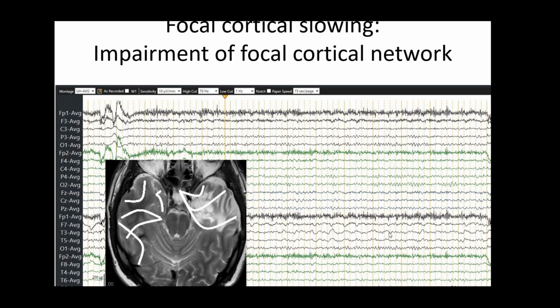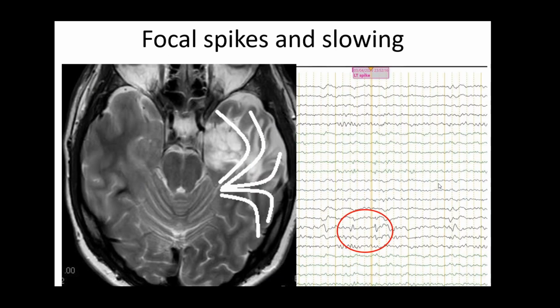All right. So focal slowing represents damage of the gray-white matter in one region of the brain, okay, affecting the cortical connectivity in that area. You can have both hypersynchronization and slowing.